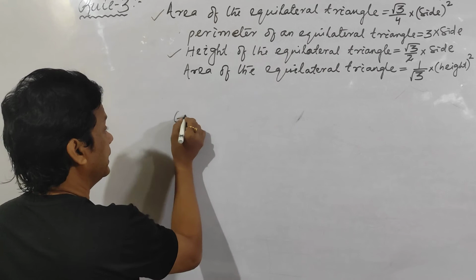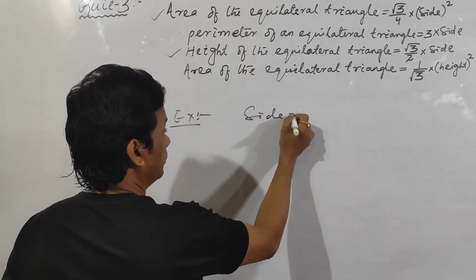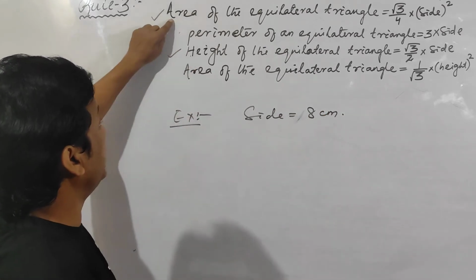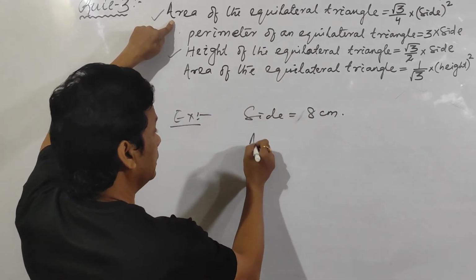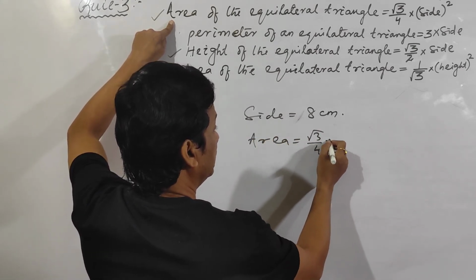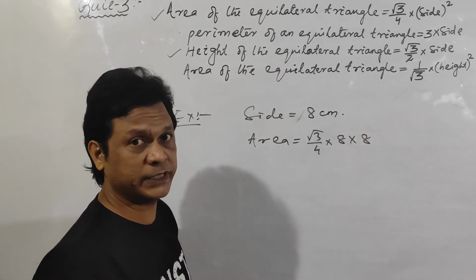Suppose I give you an example. If the side of the equilateral triangle is 8 centimeters, what is the area of the equilateral triangle? For the formula, you should directly apply root 3 by 4 into side square. That means 8 square, which is 8 into 8.